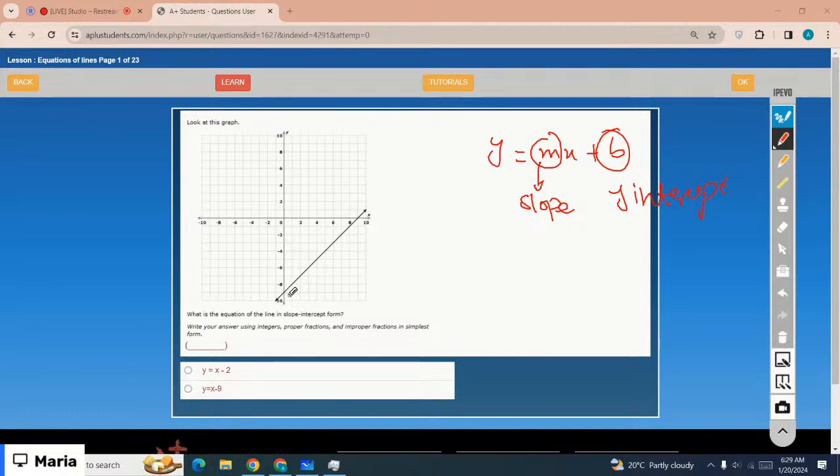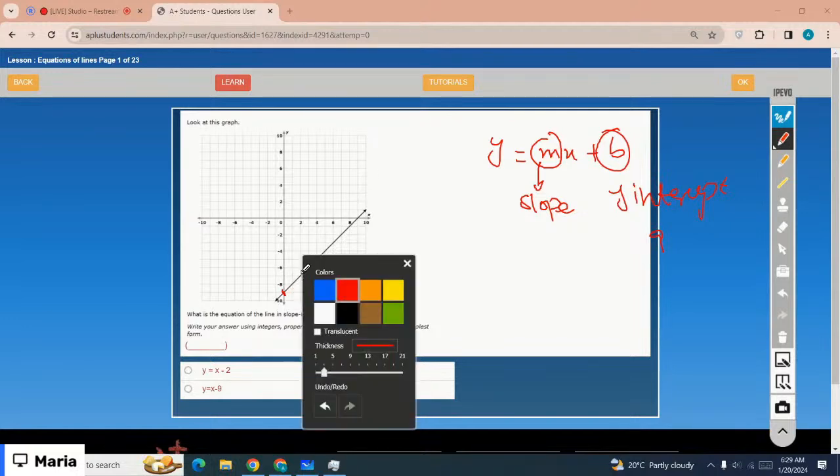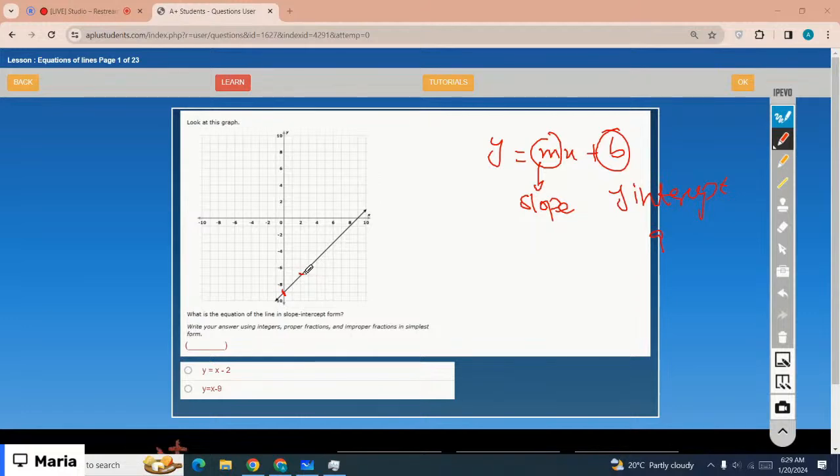The y-intercept is the point where the graph is touching the y-axis, that is 9. Now you need to calculate the slope. So just select any two points on the graph, that is 2 by 2, that means the slope is 1.